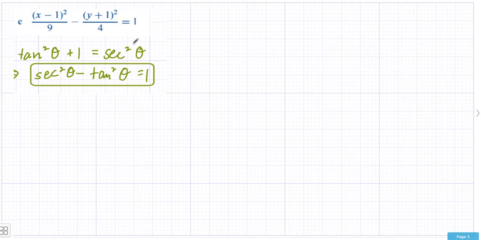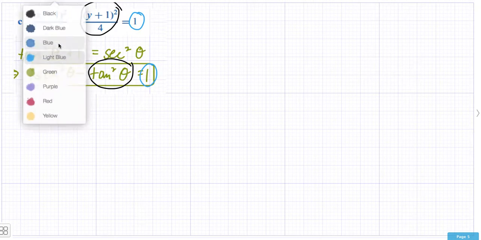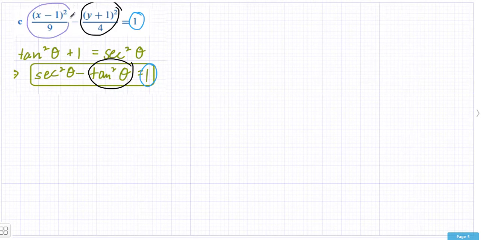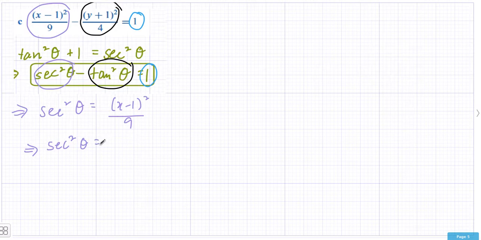So again we've got the subtraction. I'm going to let this part be the tan squared. You can see that I've got the 1 on the right side, so that's all fine. And then I'm going to let this part here be the sec squared. So sec squared theta equals x take 1 squared on 9, which means that sec squared theta equals x take 1 squared on 3 squared.